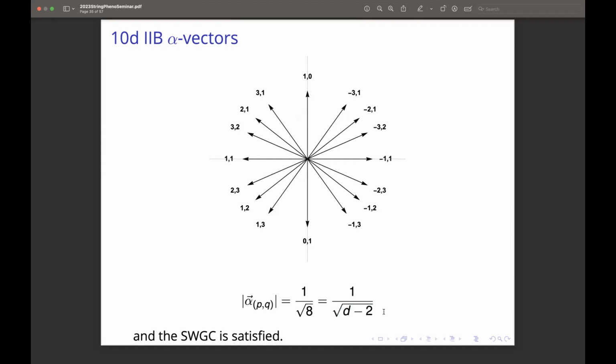So if the tower alignment conjecture has any hope of being satisfied, I need for each infinite distance geodesic a scalar charge-to-mass ratio vector to be perfectly aligned with that geodesic, parallel with that geodesic, everywhere along that geodesic. In fact, I need the geodesic to be the gradient flow solution for one of these scalar charge-to-mass ratio vectors. Now, that's a very tall order, but it turns out that this is exactly what happens.